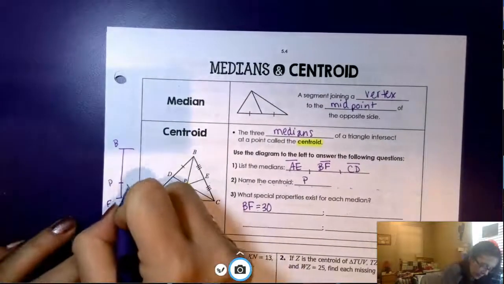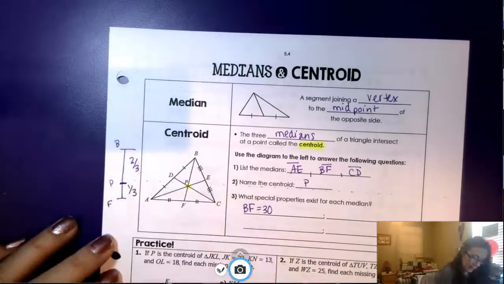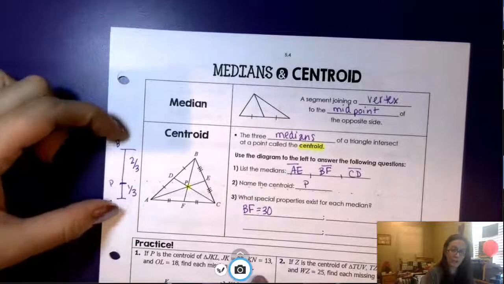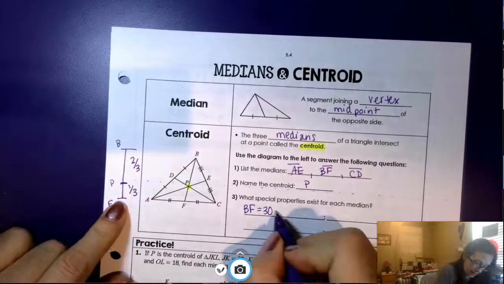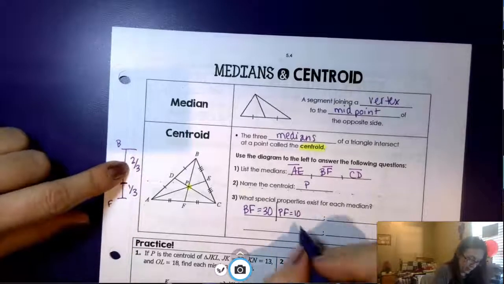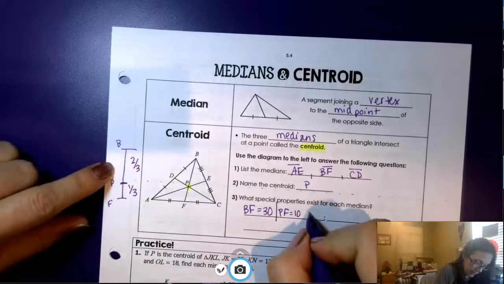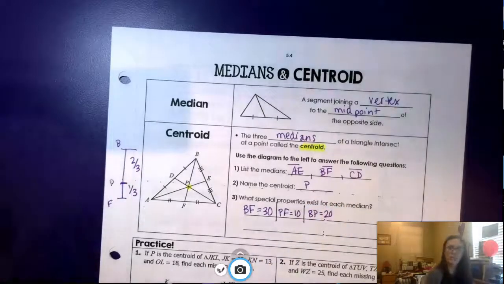I would have 1/3 down here and 2/3 up here. So if the whole thing was 30, 30 divided by 3 would tell me that PF down here would be 10, and then 2 of those up here would be 20, so BP would be 20. That's the breakdown of what's going to happen every time.